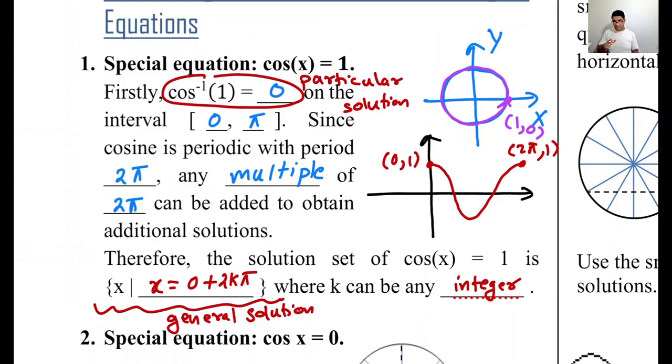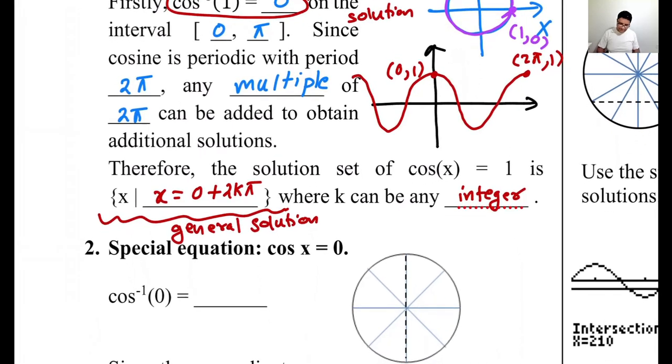Not in between. In between you don't get 1 again. And if you go to the left at minus 2 pi, you are again at 1. Hence this special solution.